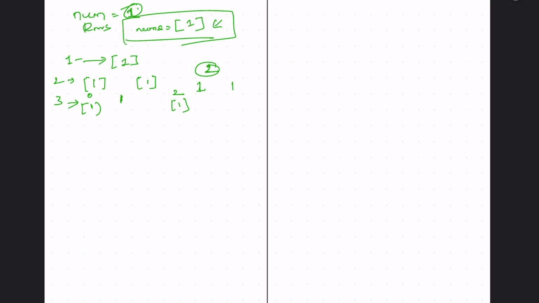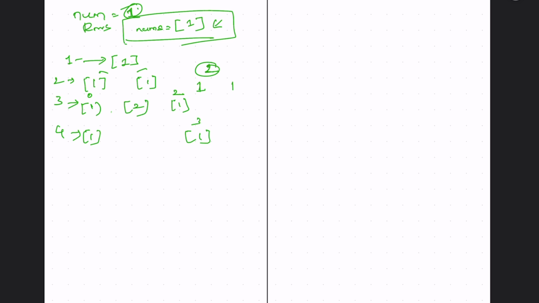For index 1 we have to add nums[i minus 1], which is index 0, and nums[i], which is index 1. So 1 plus 1 which is 2. Got it? Now when I equals 4, the same, 1 at the first and last.